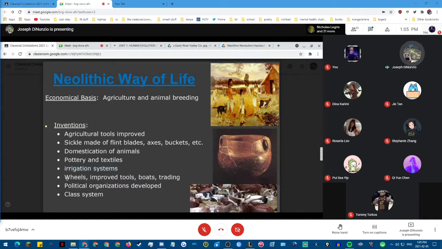Also at this time, you get the development of wheels. Imagine what we can do with wheels, right? Improved tools, boats, trading with other civilizations. A political structure. Wow, political structure. Class systems. Pottery and textiles, which a lot of what we know through archaeology comes through pottery.